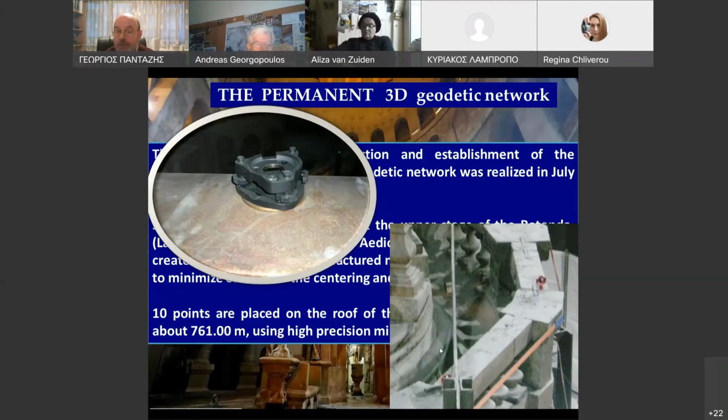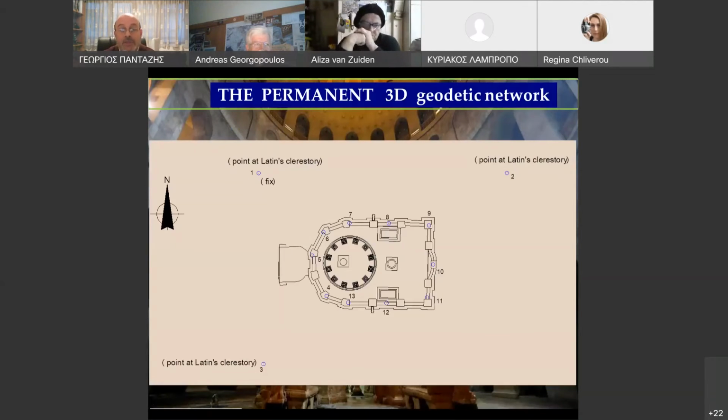10 points are placed on the roof of the Holy Edicule at a height of about 12 meters from the ground, using high precision mini prisms. This is the figure of the network in the ground plan.